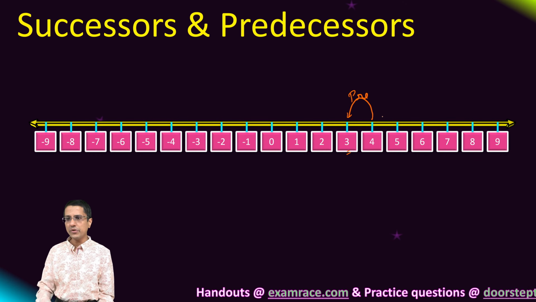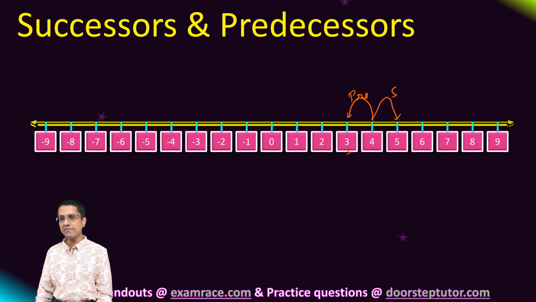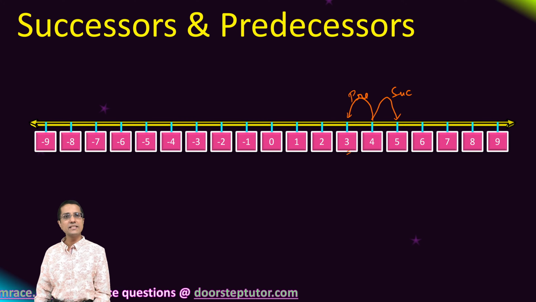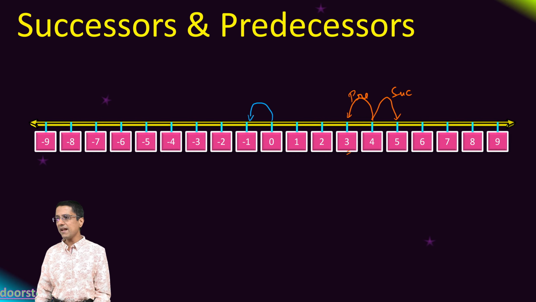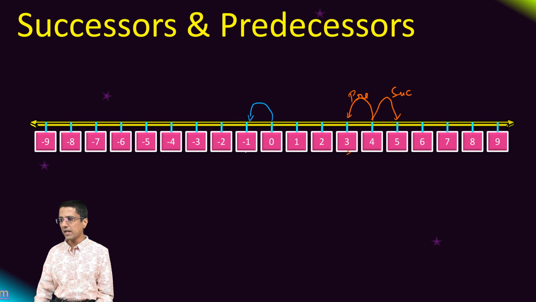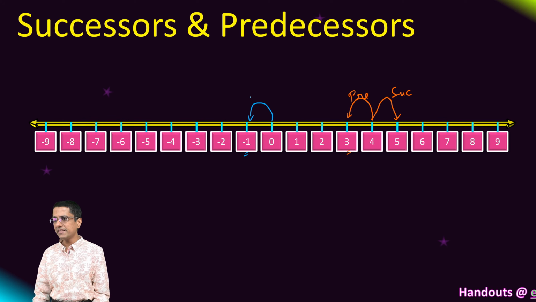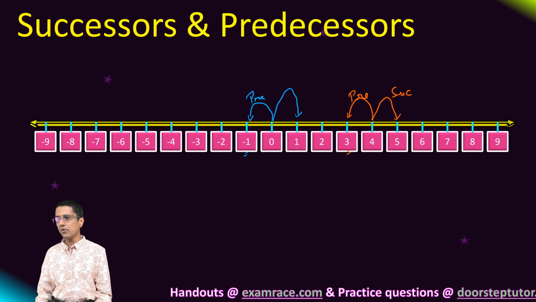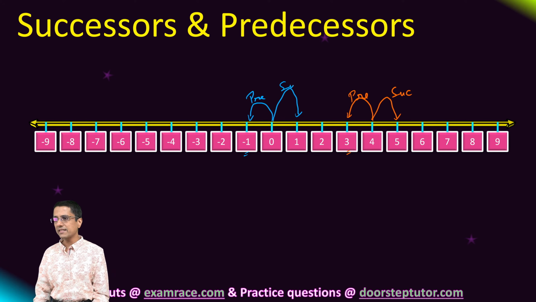One number to the right of number 4, number 5 is the successor. Now let's consider the number 0, for example. If I go one number to the left of number 0, I encounter -1. This is the predecessor of 0. If I go one number to the right of number 0, I encounter 1, which is the successor.